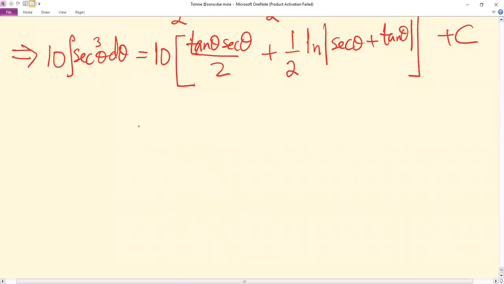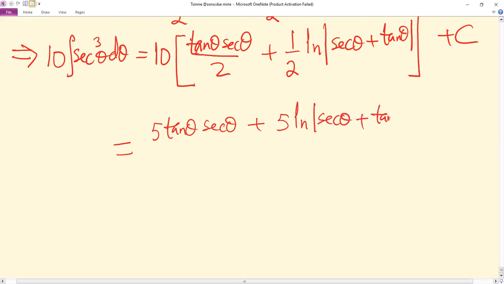So which will give us 5 tan theta sec theta plus 5 ln of sec theta plus tan theta, then plus constant c. So this is the integral of the square root of 4x squared plus 20 dx.